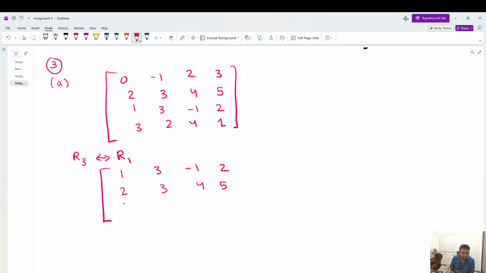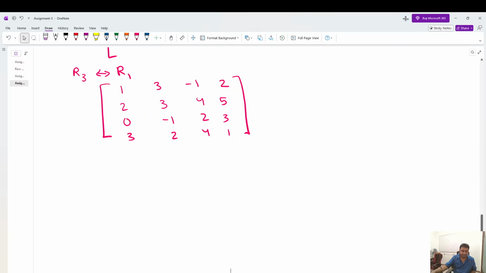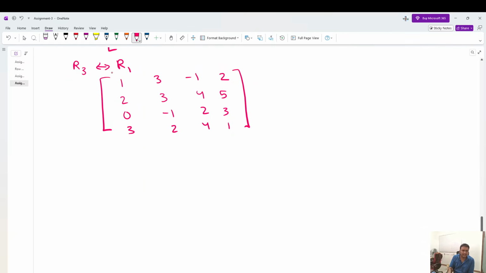And then here you have the interchange, right? 0, minus 1, 2, 3, 3, 2, 4, 1. Note that you have to find a row echelon form, right? You're not asked to find the reduced one. So I just have to make this my pivotal element now, right?